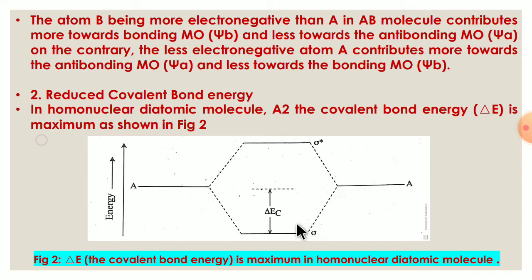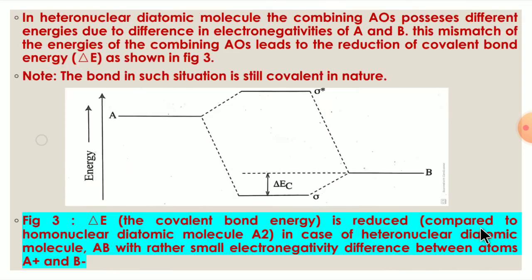They form one bonding and one antibonding molecular orbital. The bonding molecular orbital is indicated by sigma and the antibonding molecular orbital is represented by sigma star. The covalent bond energy delta E is maximum as shown in this diagram.